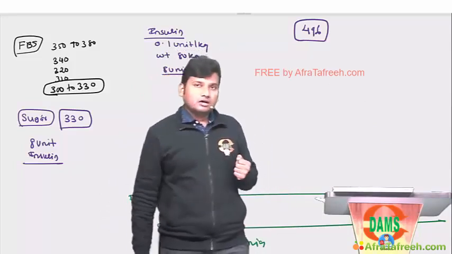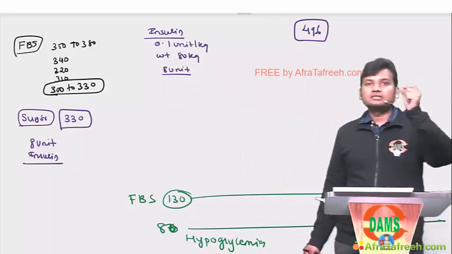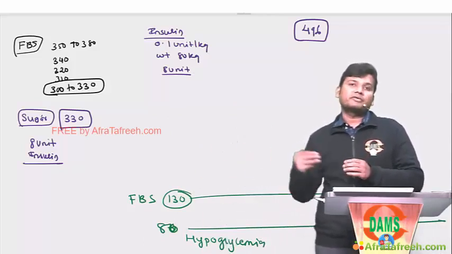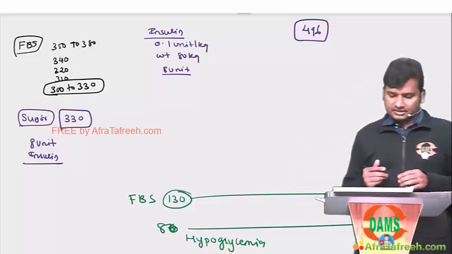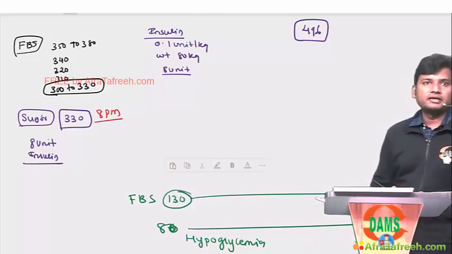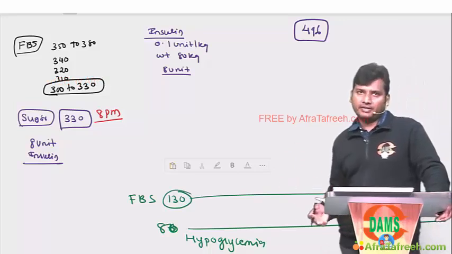So we will keep the patient under observation and check the sugar 1 hourly or 2 hourly after giving insulin. For example, the patient has a sugar level of 330 at 8 p.m., and we have given 8 units of insulin at 8 p.m.